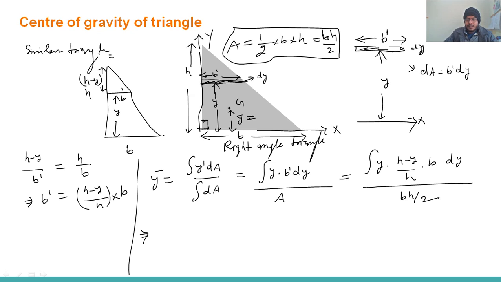In this integration, you will see h and b are constant, so we can take them outside. So outside we can take b by h, integration of y into (h minus y) dy, divided by BH by 2.